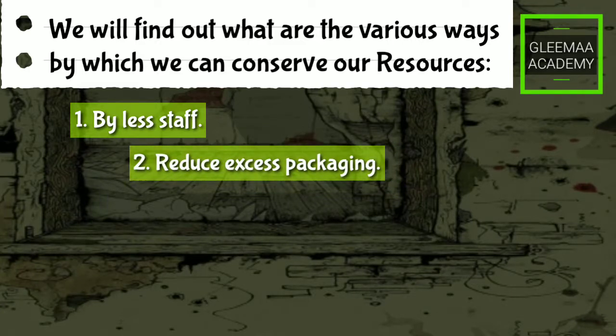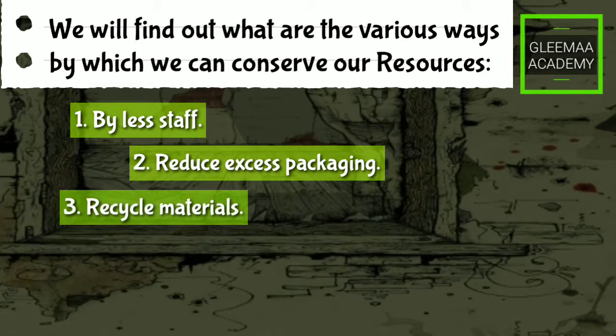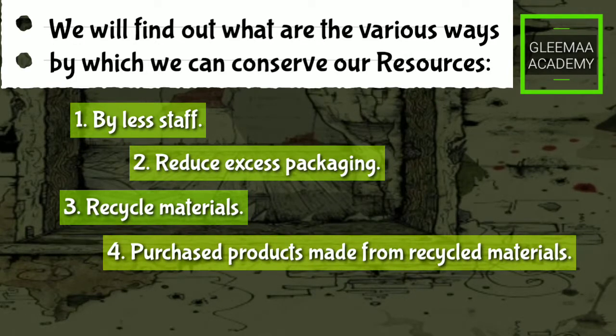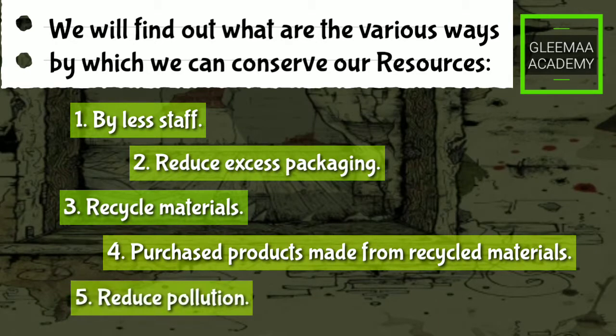For instance, drink tap water instead of water from plastic bottles. Number 3, recycle materials such as metal cans, old cell phones, and plastic bottles. Number 4, purchase products made from recycled materials. Number 5, reduce pollution so that resources are maintained.